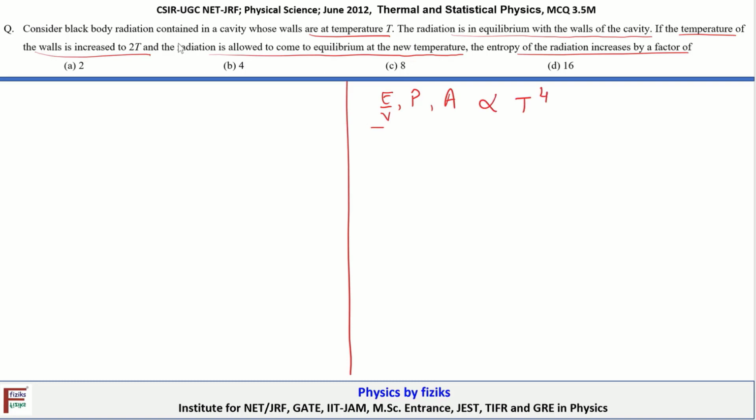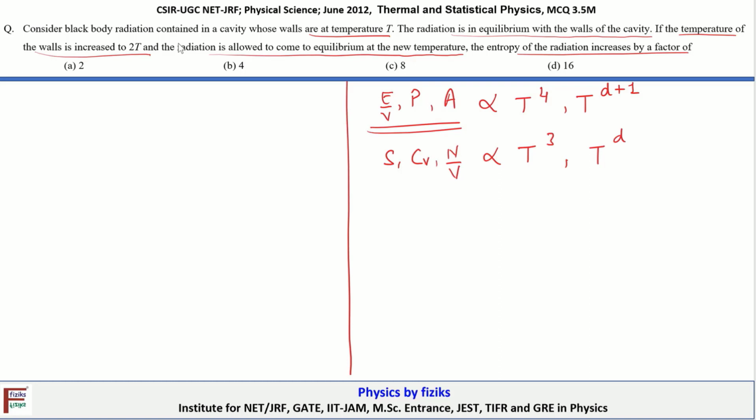I'm talking about the photon gas contained in the cavity. Further, the entropy, the heat capacity, and the number density of photons inside the cavity are all proportional to T cubed. In general, for a d-dimensional cavity, the dependence is T to the power d, and here it is T to the power d plus 1.